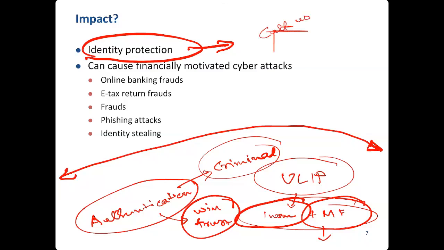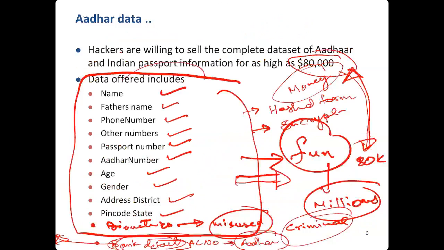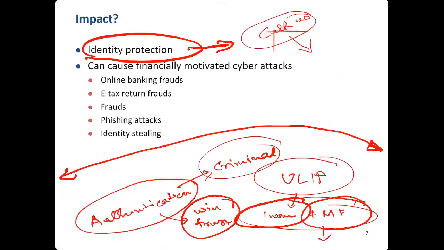And they have a lot of this data available. They can think of a lot of frauds, like online banking frauds. This data will help them. E-tax return fraud, some other kinds of fraud, phishing attacks, identity stealing, and so on and so forth, right?